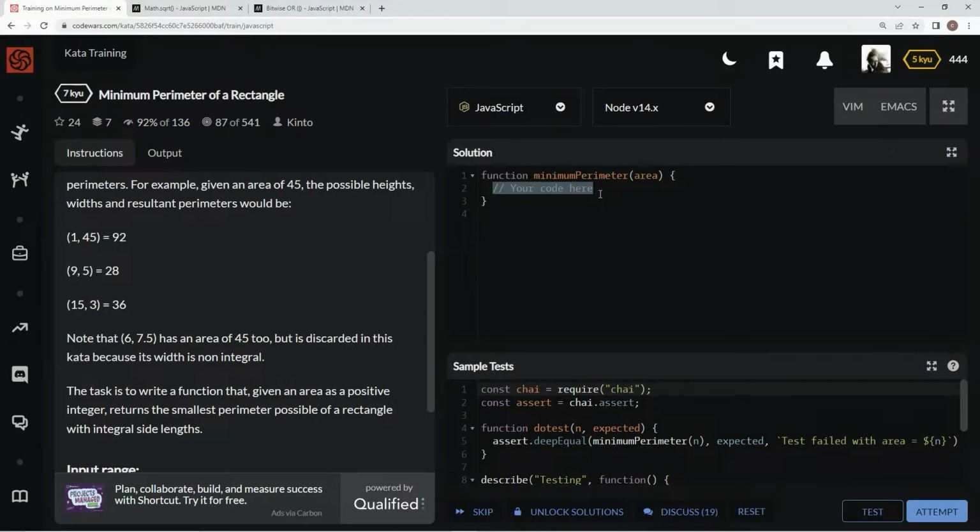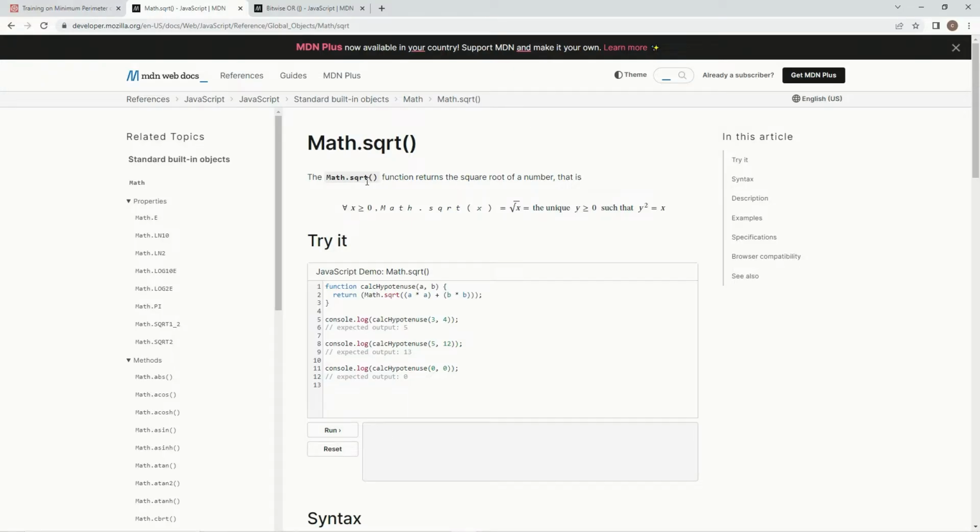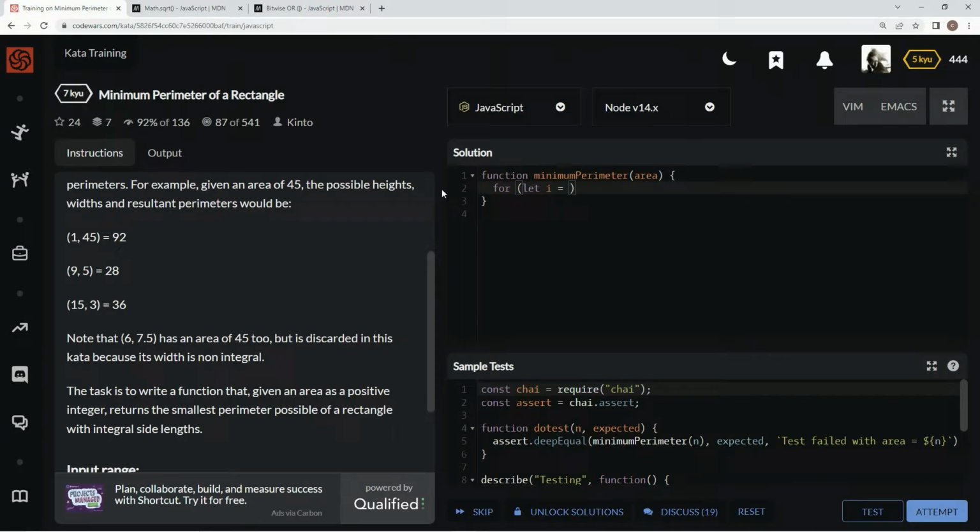So we're going to do a for loop to start off with. And inside this for loop, we're going to let i equal math.sqrt, which returns the square root of a number, of the area.